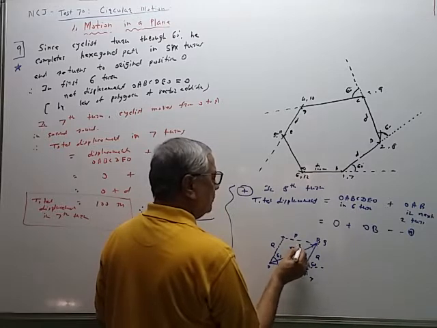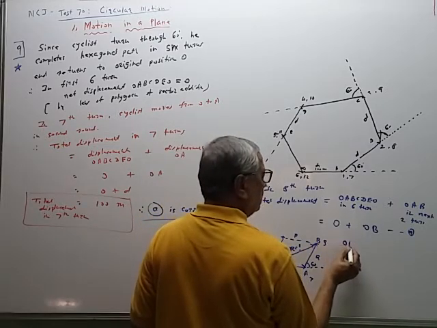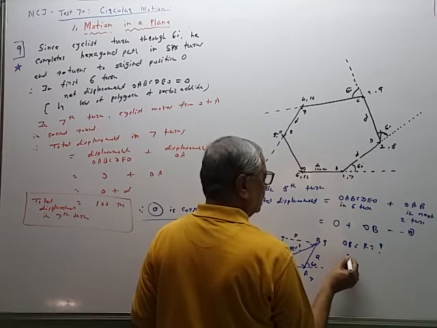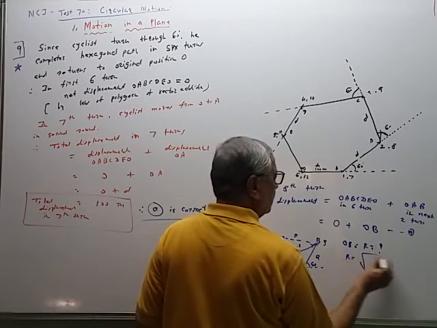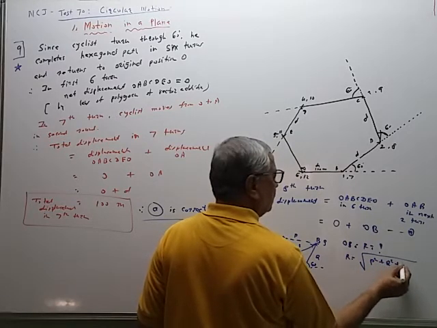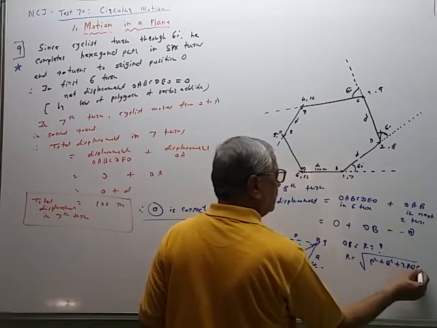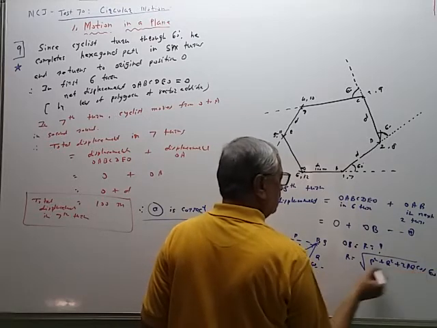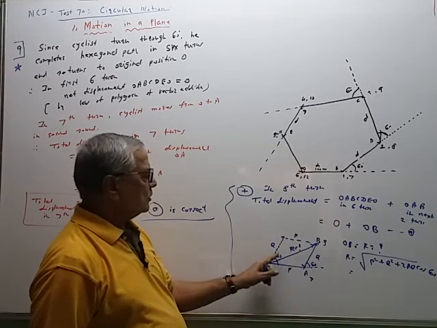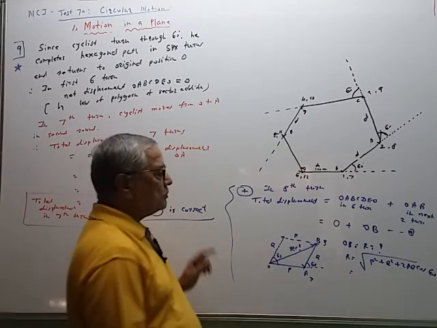So R is equal to question mark. OB is equal to R. So R is equal to under root P square plus Q square plus twice PQ cos of 60 degrees. This is the parallelogram law.